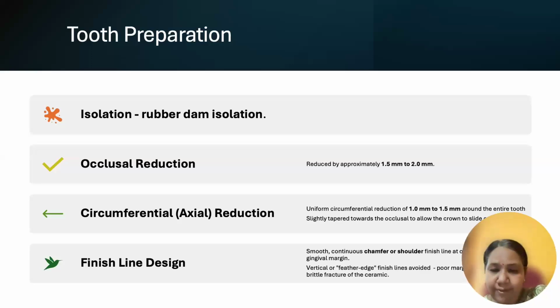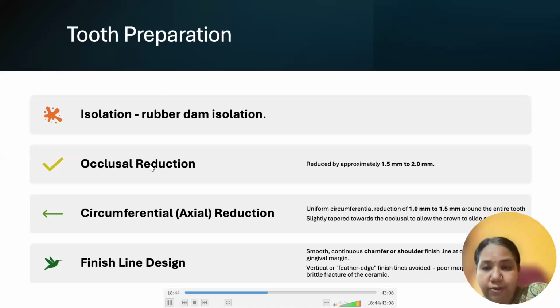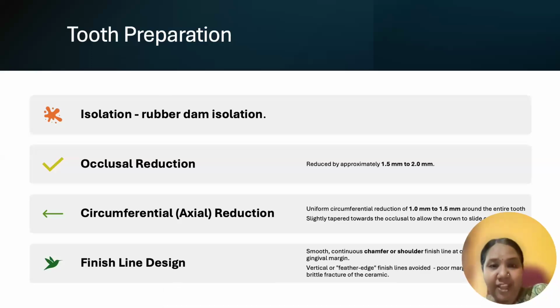The finish line must be a smooth, continuous finish line, which could be a chamfer or a shoulder, slightly below the gingival margin. We avoid a feather edge finish, because feather edge finishes can lead to poor marginal adaptation, or they can cause brittle fracture of the ceramic.